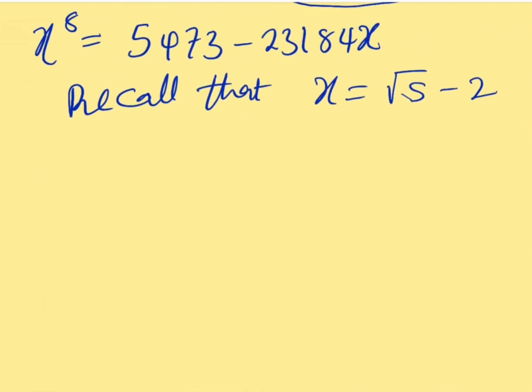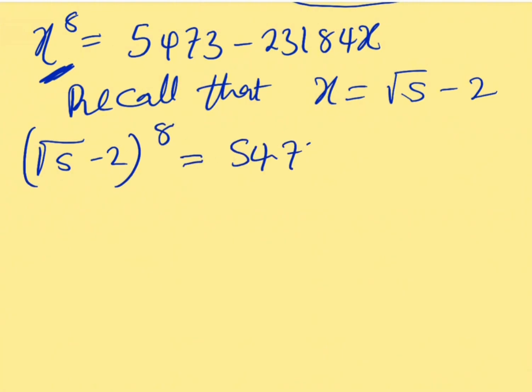So if that is the case, it means that here where we are seeing your x, you put square root of 5 minus 2 all to the power of 8, which is now equal to 5473 minus 23184x, right? That is just what it is. Then what is your x?